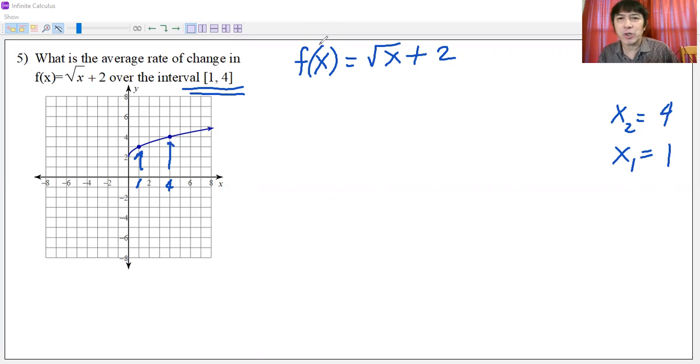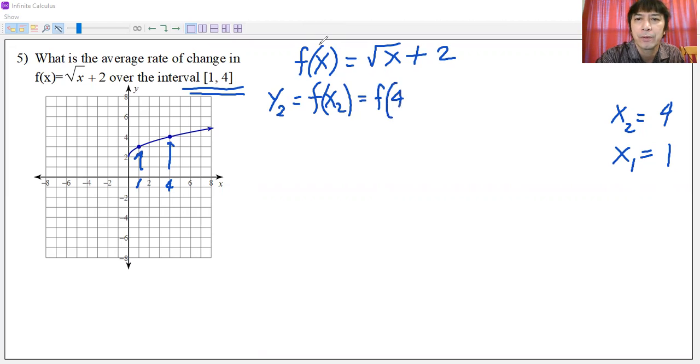And so we shall use f of x2 for y2. Y2 is f of x2, which is equal to f of 4, which is now equal to square root of 4 plus 2. The square root of 4 is exact, it's 2, plus 2. Our value is 4. That gives us our y2.